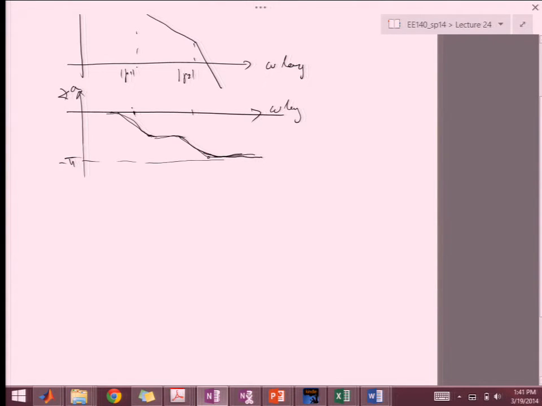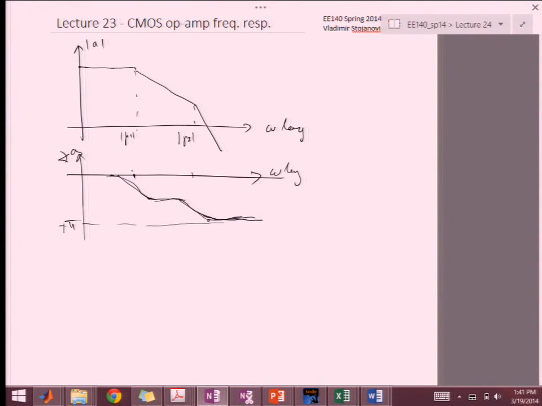So regardless of where the 1 over f curve is, I'm never going to cross at the point where I'm actually touching minus pi. So my phase margin is always positive.